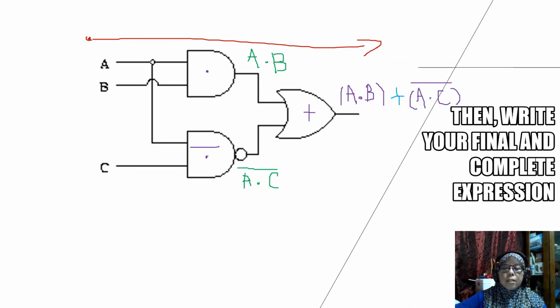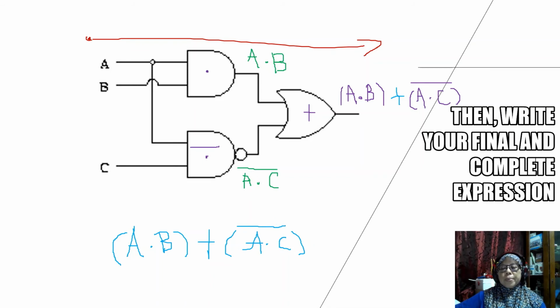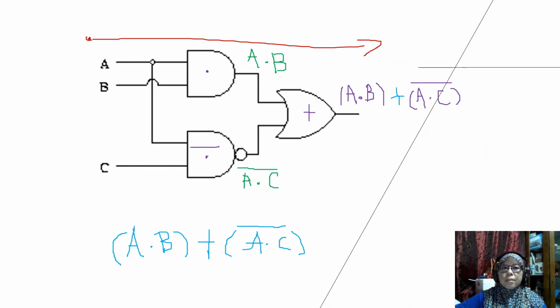So final answer adalah A and B. Right. Together di-OR-kan dengan secondnya input adalah A and C and J. Okay?